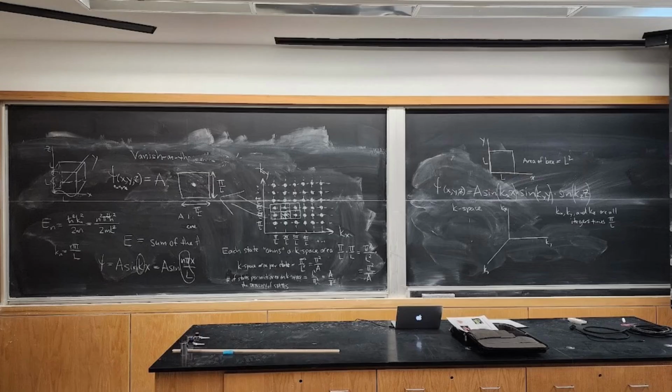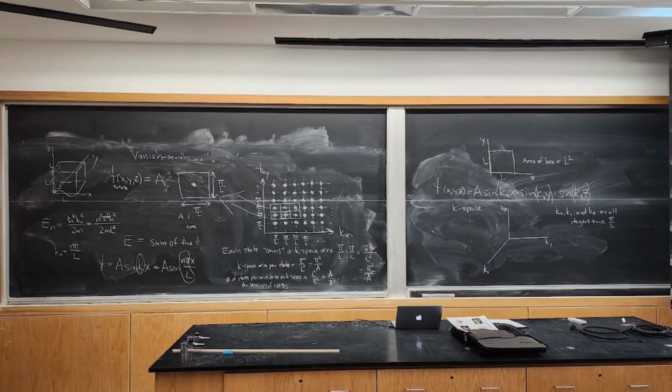So here's one of these squares, and I drew this box around it. How wide is each side of that box? Well, it's as wide as the distance between the states, because each box goes halfway over to the next state. So how far apart are the states from one another in each direction? Pi over L, right? So this is pi over L, pi over L.